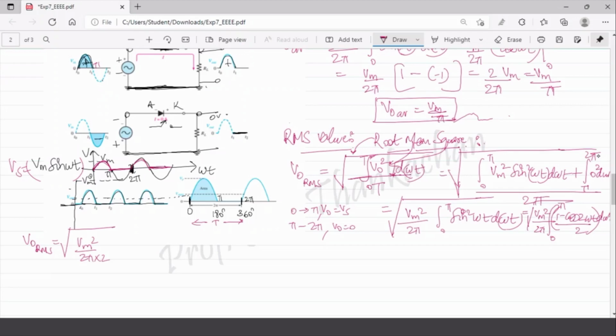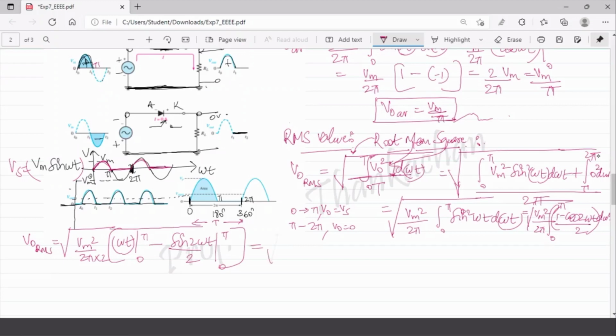So integration of d omega t is omega t, the limit is from 0 to pi, minus integration of cos 2 omega t, which is sine 2 omega t divided by 2. Again the limit is from 0 to pi. Just check whether what I've written is clear and correct or not.